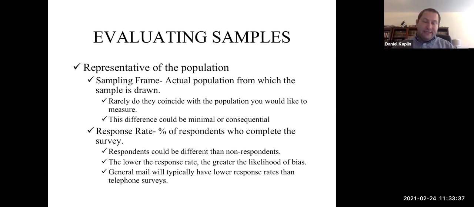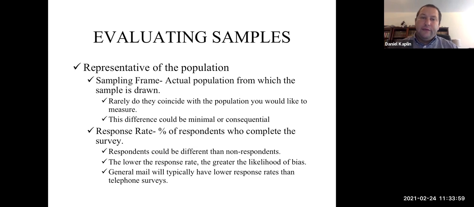Now, there's a term related to that called sampling frame, which is where you conceptualize the population and then you evaluate how well the sample matches the population. Now, here's the deal. Very rarely is it a perfect match. Very rarely do they coincide perfectly.